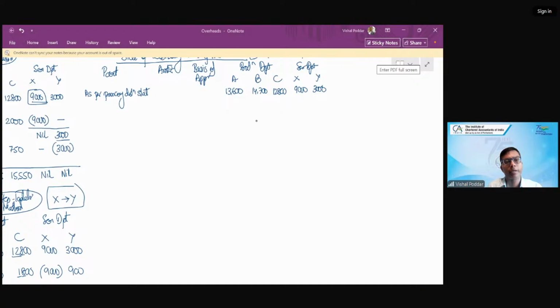So I start distributing X, which is 9,000. Ratio is given, 4:3:2:1. So it will be the same as what we got here: 3,600, 2,700, 1,800, 900.